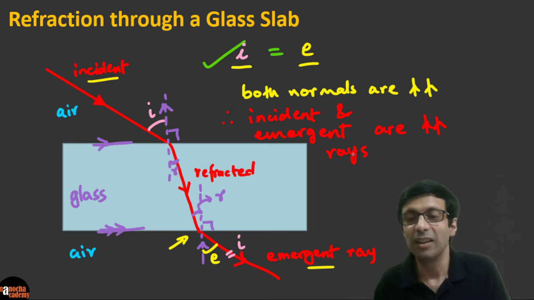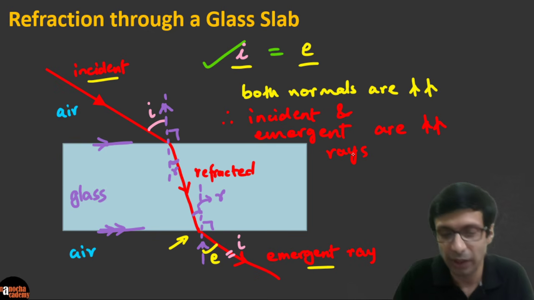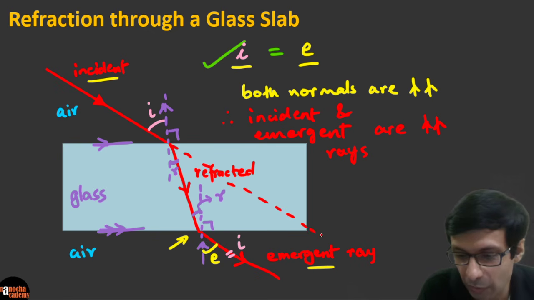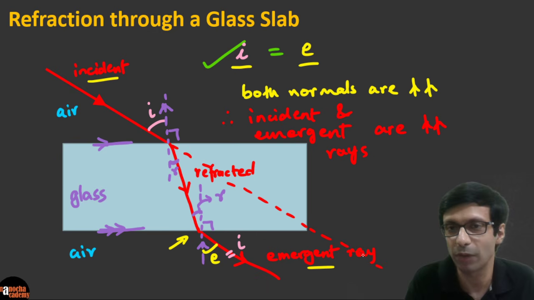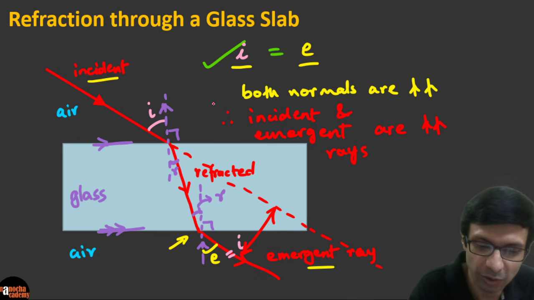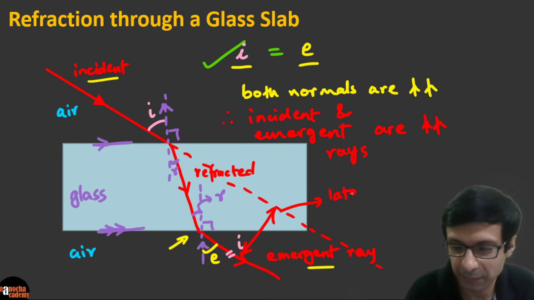So what is happening here? The glass slab is not really bending the light, it is shifting the light. Why? Because if you see, this was the original path of light. So if there was no glass slab, the light would have gone like this. But you can see that there is a shift of light. And this term is known as lateral displacement.